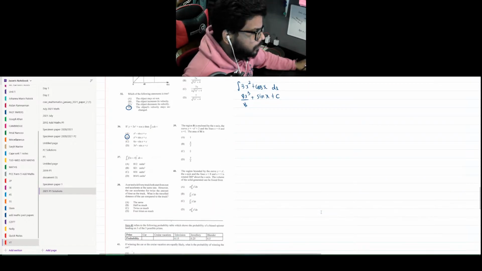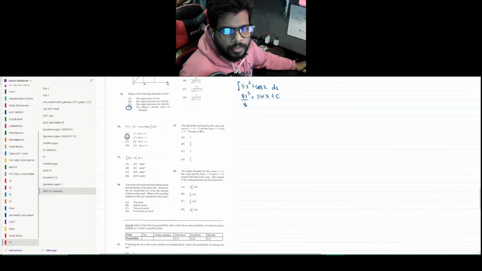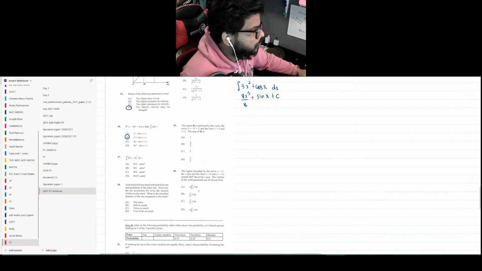Let me check with some limits. I'm just checking the limits in B by itself. This is number 37, sorry. The limits are 0 and 2. So we have the integral between 0 and 2 of (3x plus 4) cubed. Use the shortcut.